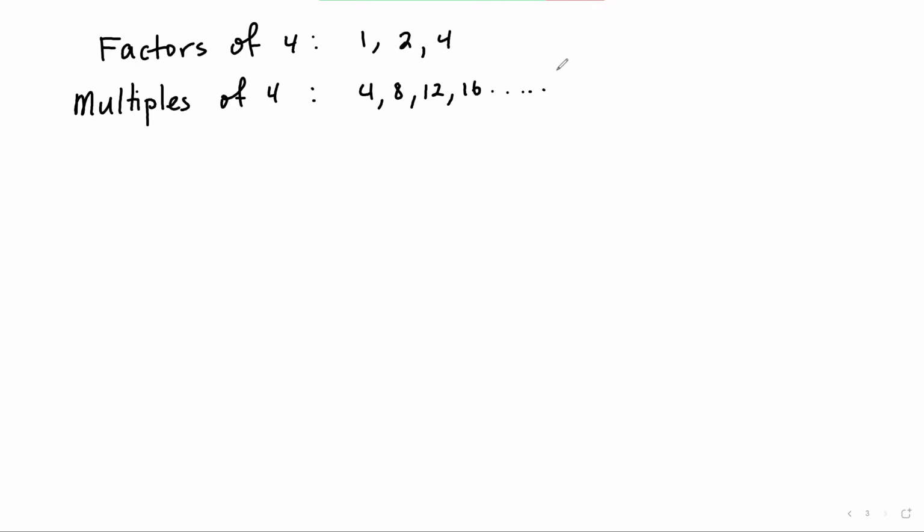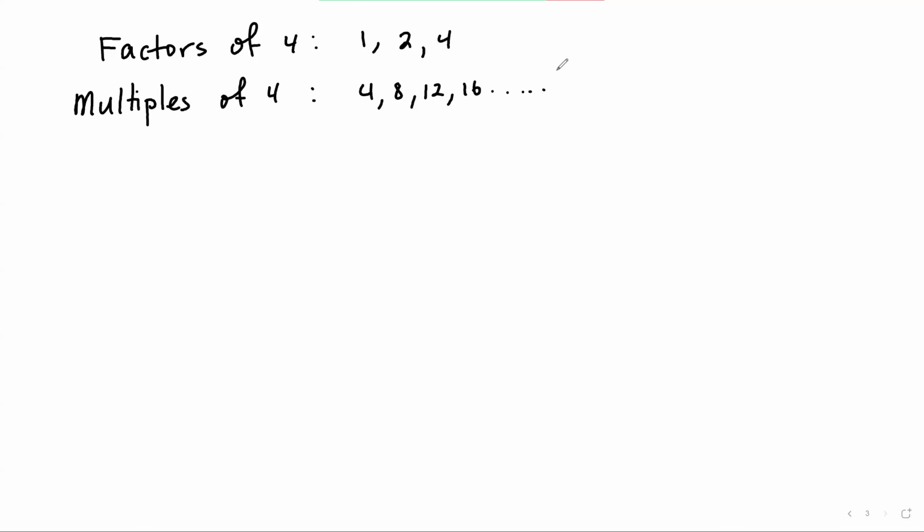You can list the factors of a number, even a very, very large number. It might take long and it might have plenty, but you can still list it. However, it is actually impossible to list all the multiples of any single number, right?